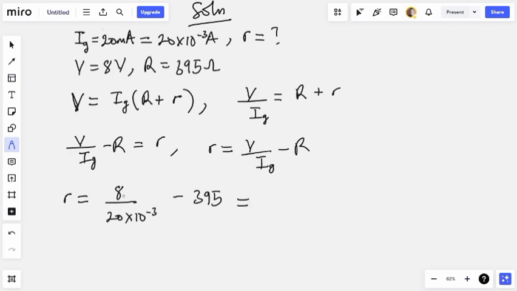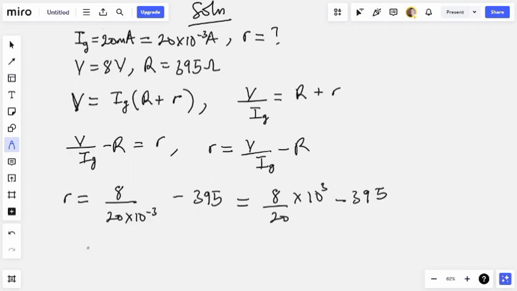This equals 8 over 20 times 10 raised to the power of minus 3. You take the 10 raised to the power of minus 3 to the numerator and it becomes 10 raised to the power of positive 3, by the law of indices, minus 395.